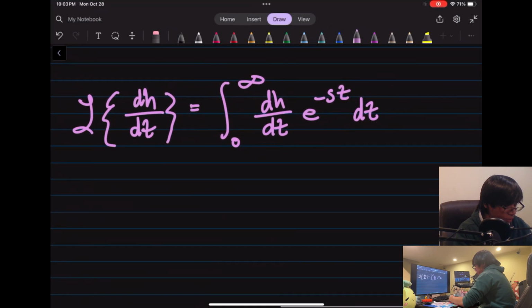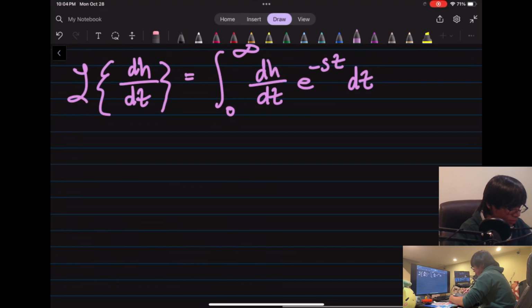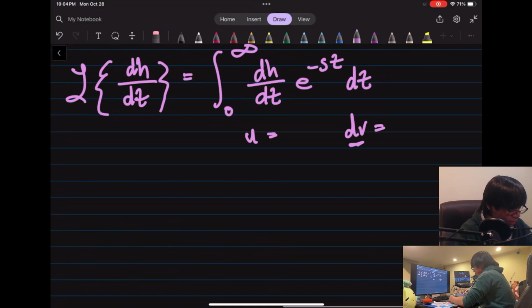So essentially we put this in the S domain by multiplying, well, of course, our bounds first are from 0 to infinity. Then we have the function that we care about to take the Laplace of. And of course, every time we do a Laplace, we multiply by e to the negative st. This is so we transform it into the S domain. And of course, this is going to be integration by parts. So we have to define u and dv. This derivative kind of matches this existing derivative already in place, so that's why I'll choose that as dv. And then u, the only remaining one, is the exponential.